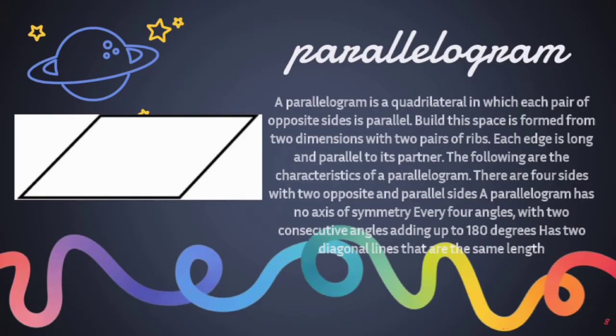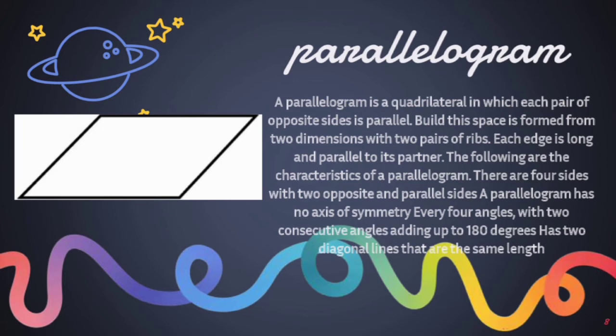Parallelogram. A parallelogram is a quadrilateral in which each pair of opposite sides is parallel. This shape is formed from two dimensions with two pairs of edges, each edge equal in length and parallel to its partner. The following are the characteristics of a parallelogram.